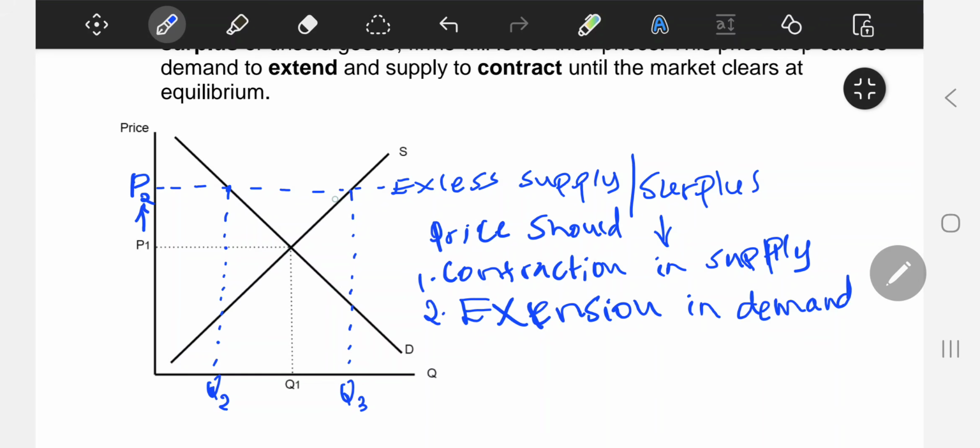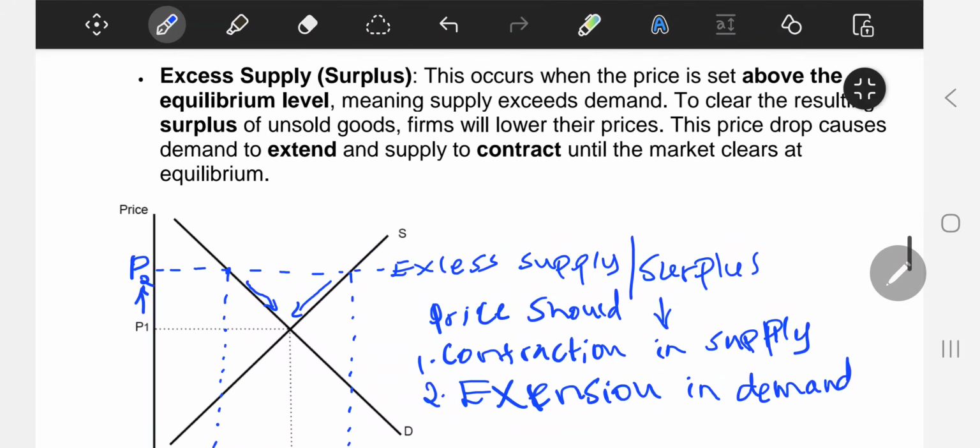If the price is decreased, supply is going to contract like that, and demand is going to extend, and then we're going back to the equilibrium. That's why the price drop will cause demand to extend, that's the extension, and supply to contract, and we go back to the equilibrium.